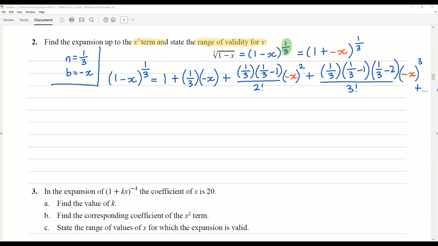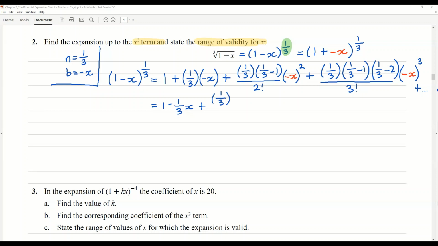All right, so it's just a tidying up exercise now. So we have 1 and then −1/3 x. First two terms are always okay. Now, again, don't try and do too much in one go. So I think 2 more steps is enough.